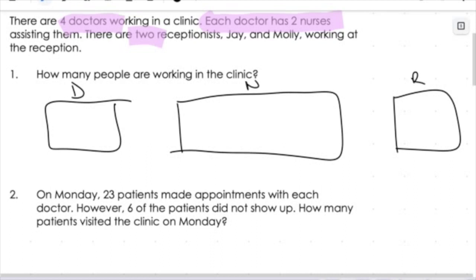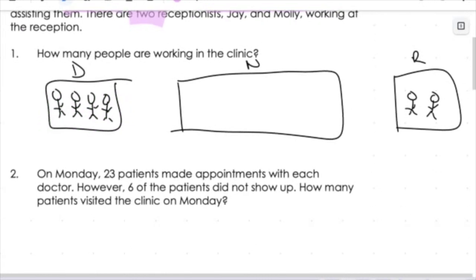So I know that I have 4 doctors, so I have 1, 2, 3, 4, and I have 2 receptionists as well. I'm going to draw those in. And I have 2 nurses for each doctor. So that means each of these guys, 1, 2, 3, 4, has 2 nurses.